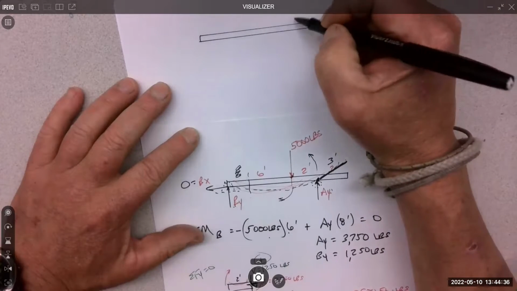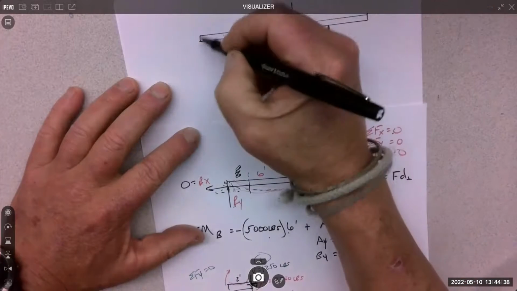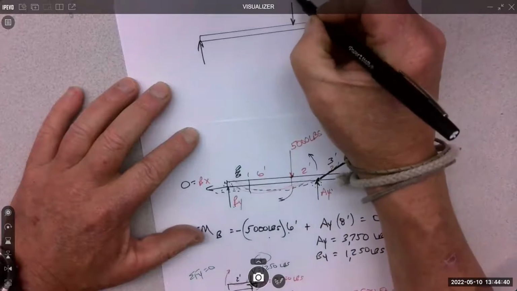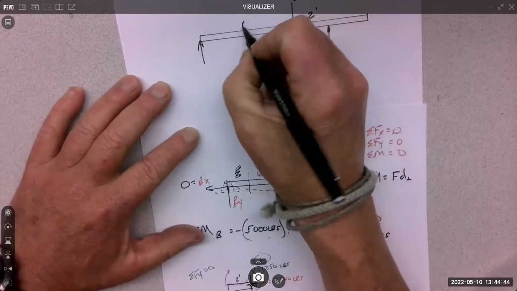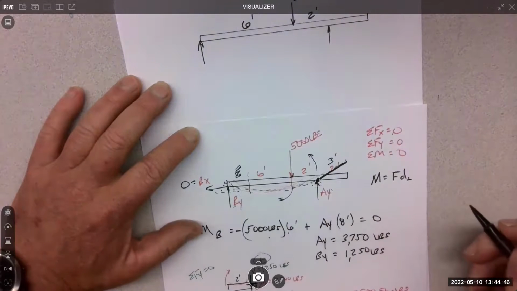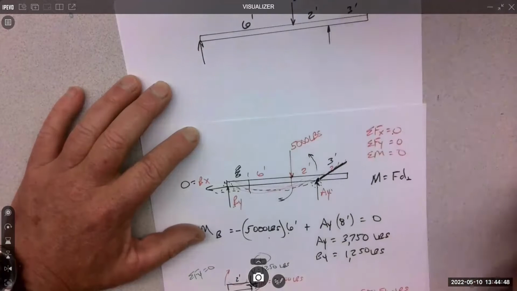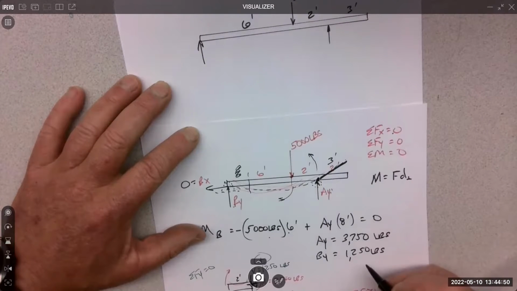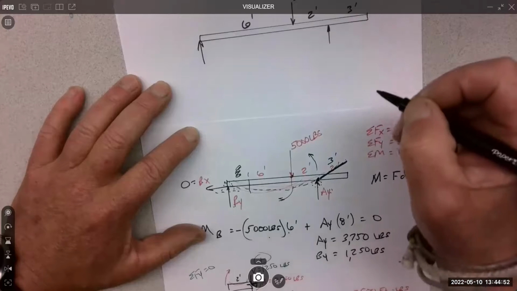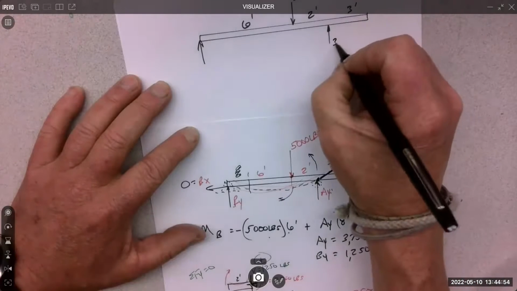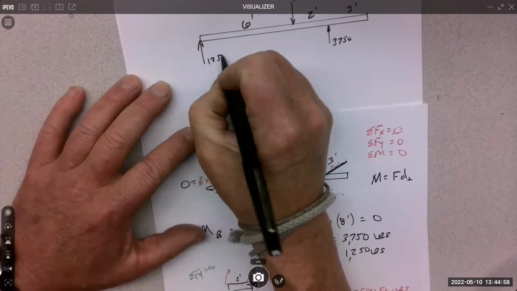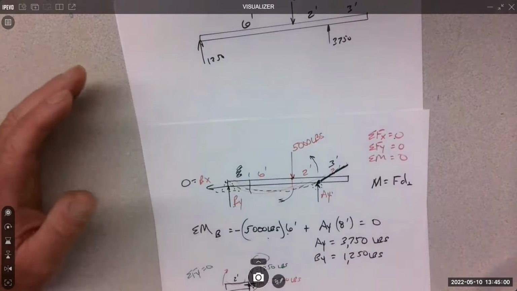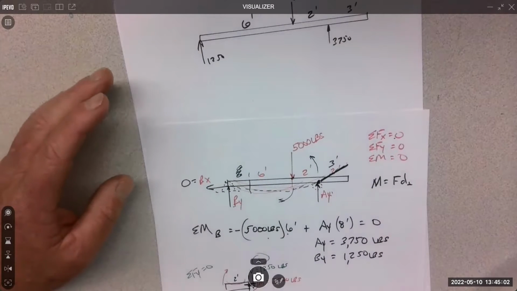I have 5,000 here. It does help to draw them kind of graphically accurate. So when you draw them, make your 2 feet and your 6 feet somewhat right. And then 3 feet. And I do know that 3750 is here and 1250 is here. Good? I think that's right.